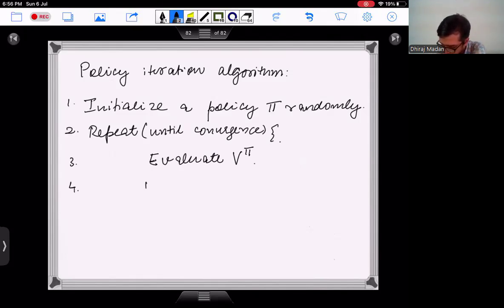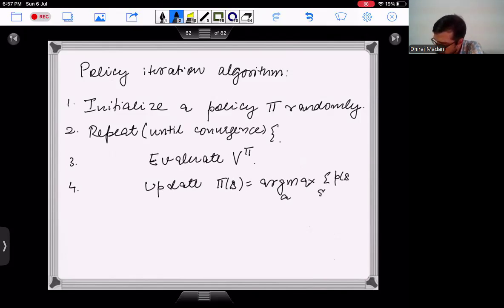Next, you update pi to be argmax over A of sum over S prime P of S prime given S A, V pi of S prime. So from the policy you compute V pi, and from V pi you recompute the policy, and you keep repeating these steps until convergence. Essentially this is our entire algorithm.